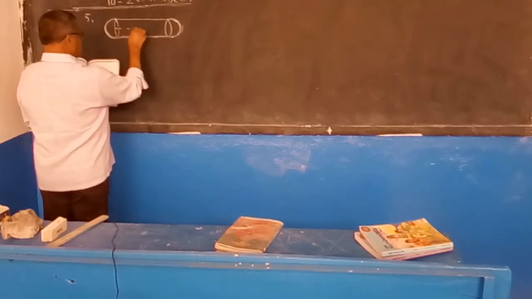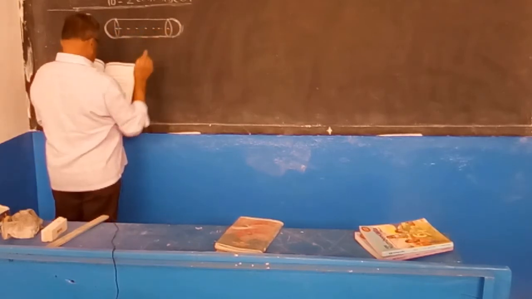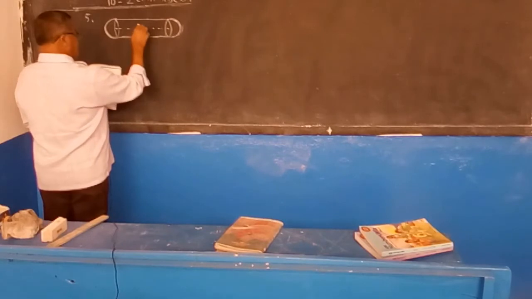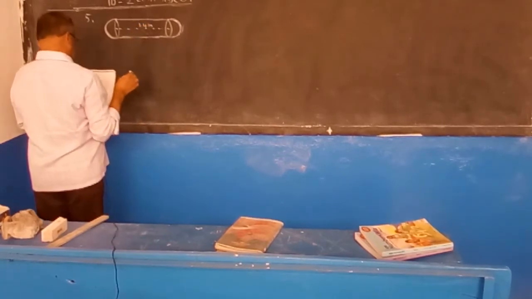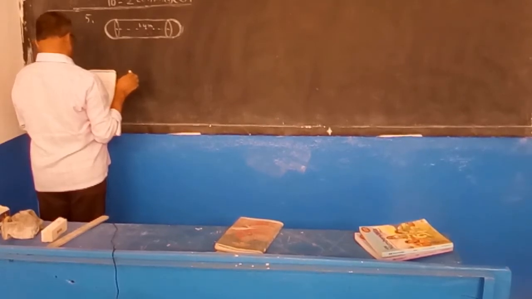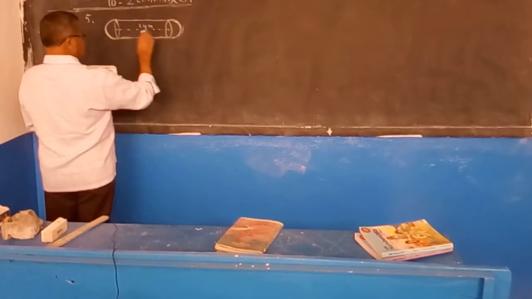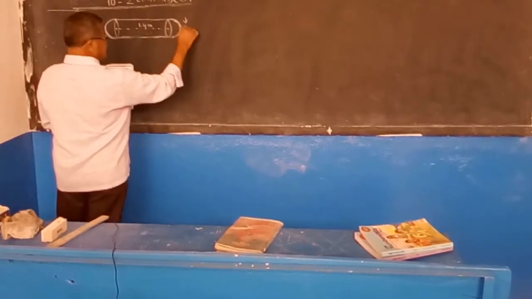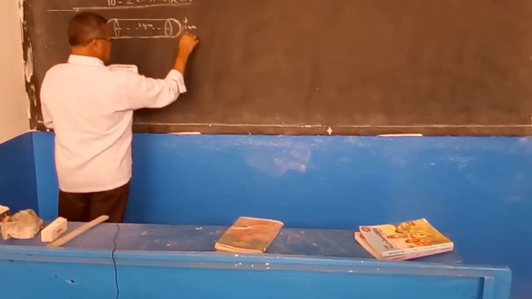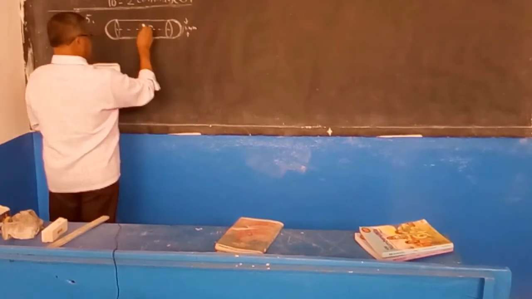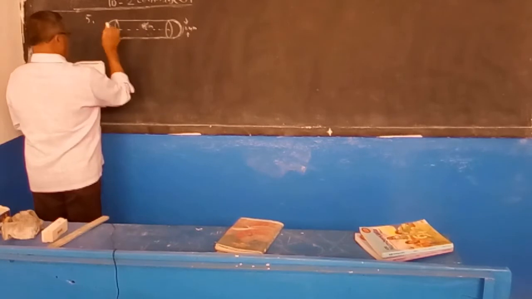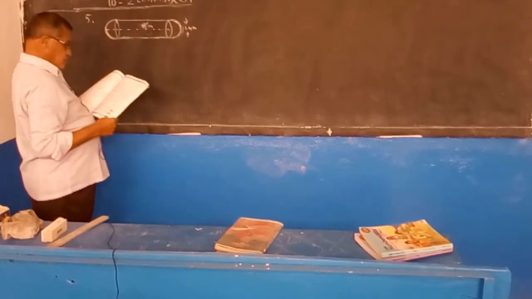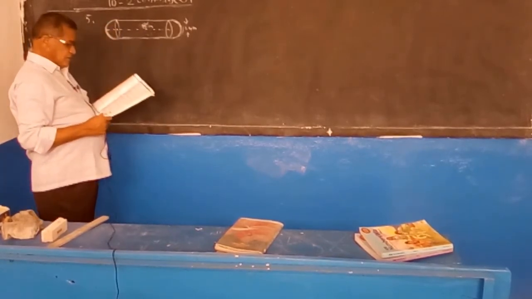The external diameter of the cylinder is 1.4 meter, and the height of the cylinder is 8 meter. Find the cost of painting on the outside.